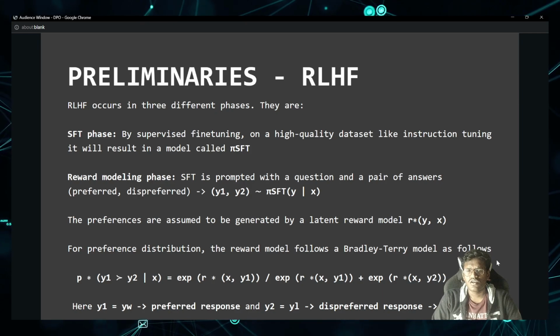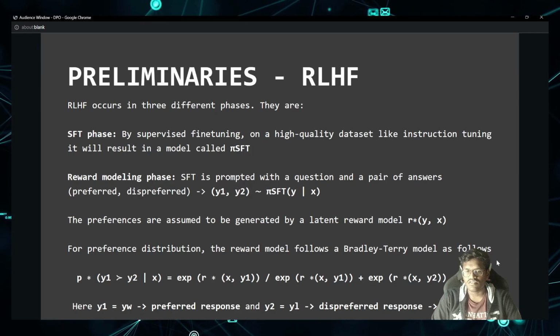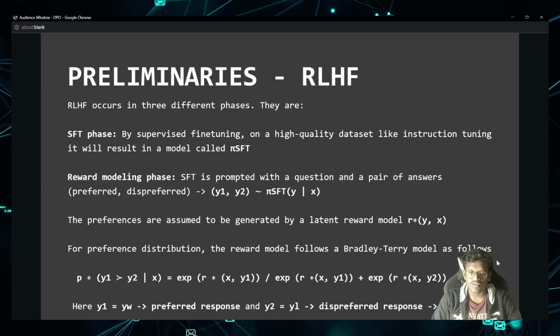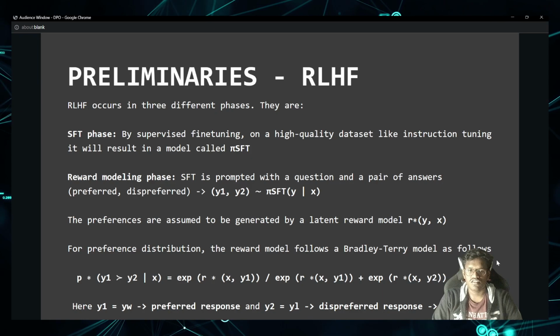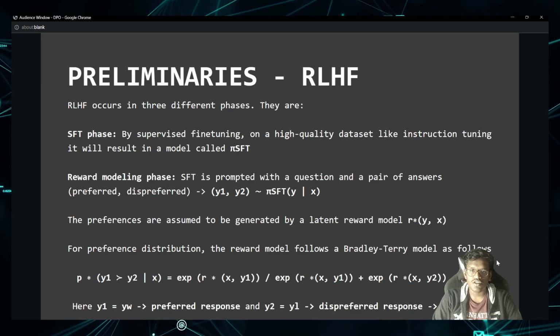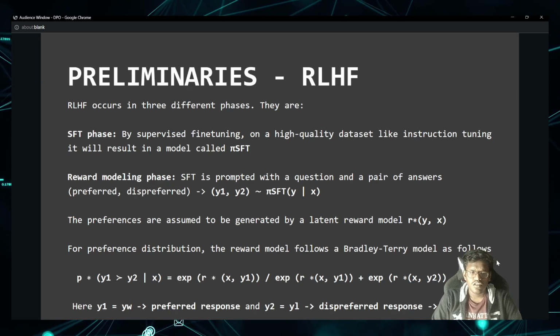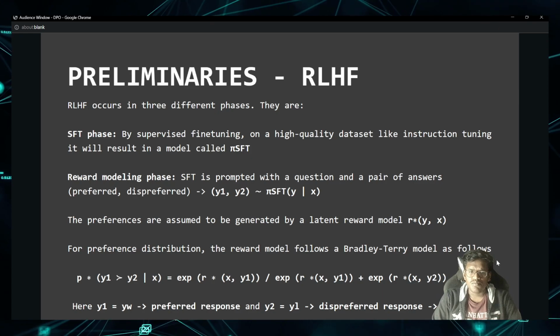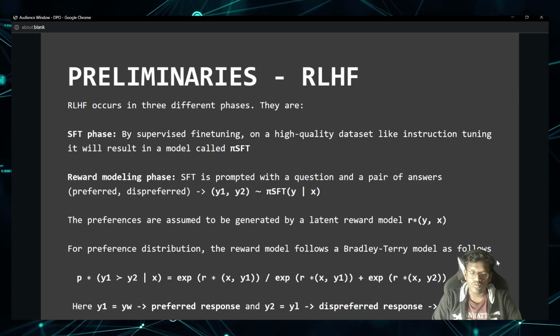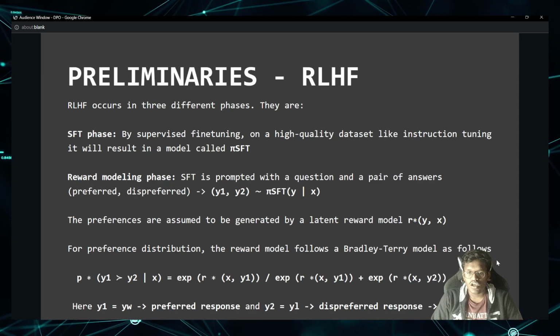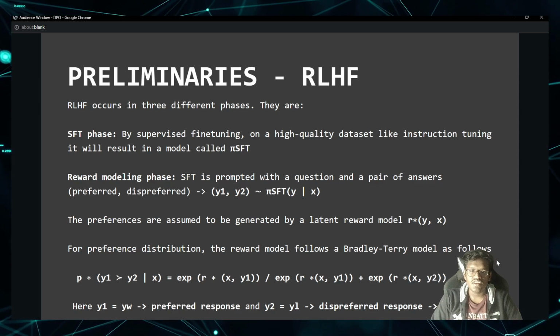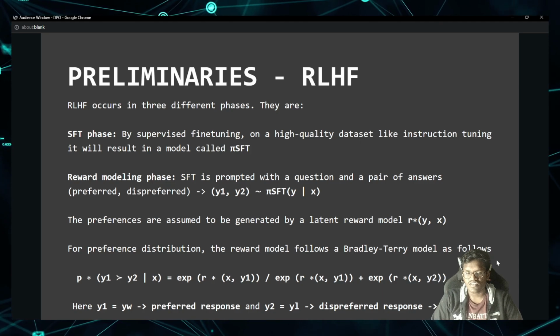This is provided to π_SFT, your supervised fine-tuning model, on a conditional probability of y given x. It will try to predict the probability of y given an x. So here are the preferences, y1 and y2. The researchers didn't know what happened inside the preference creation.